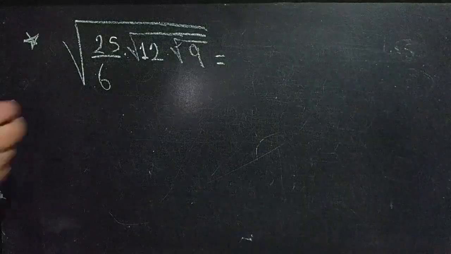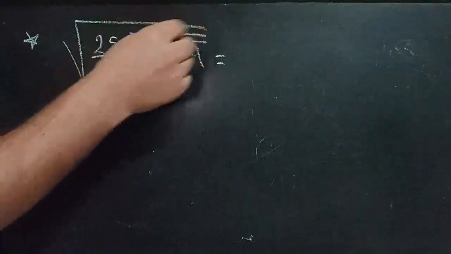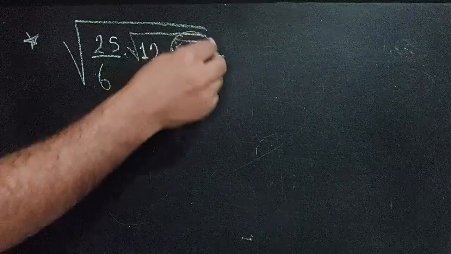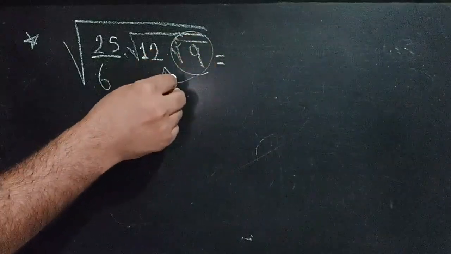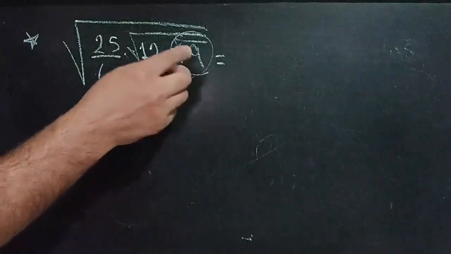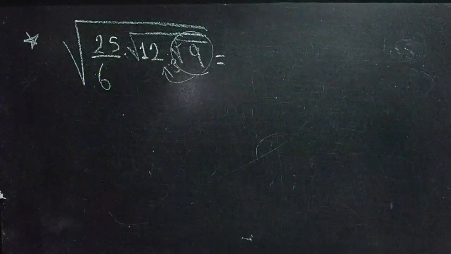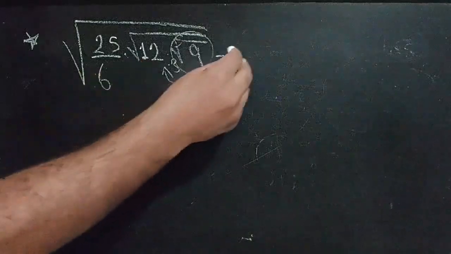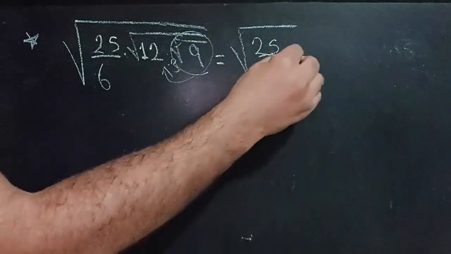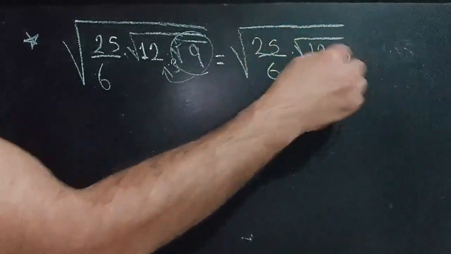So my next question is square root 25 over 6 times square root 12 times square root 9. What I told you, remember, start from there to go to big square root. This will come out as 3, which is going to be square root 25 over 6 times 12 times 3.